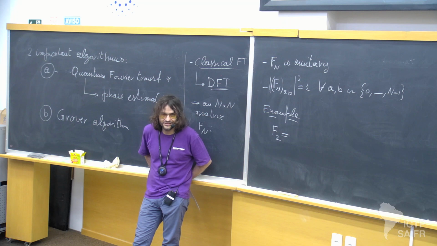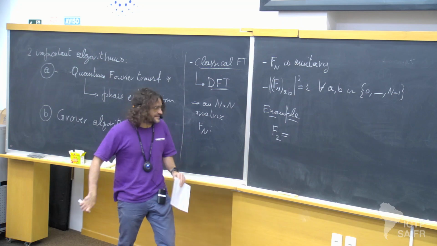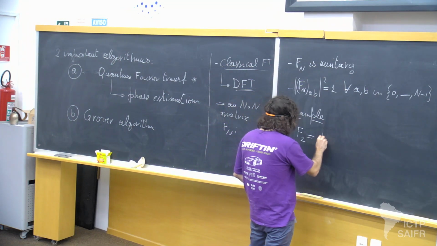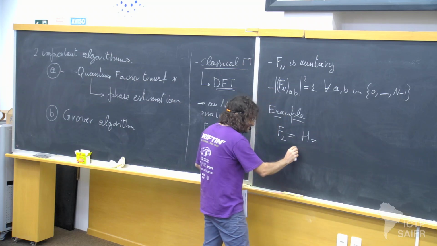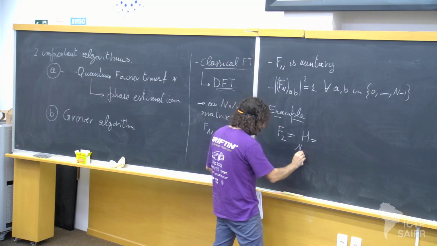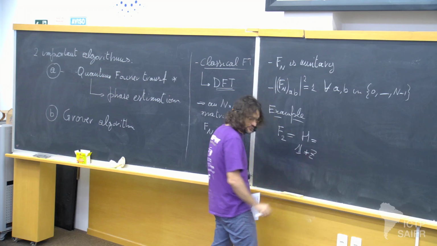Almost. No, come on. It's the Hadamard gate, right? Which is, if you want, identity plus Z, right? So you were not so far.